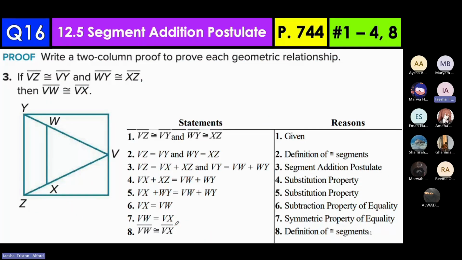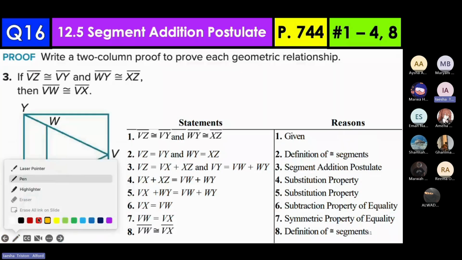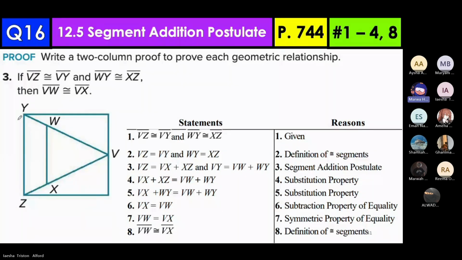This one is number 3 from the textbook. That's similar to example number 1. So remember, what's the first thing you can always put in your proof? The given. So here it's given, and this is a given. So 1 and 2 is the given.